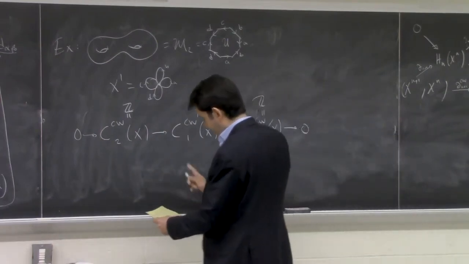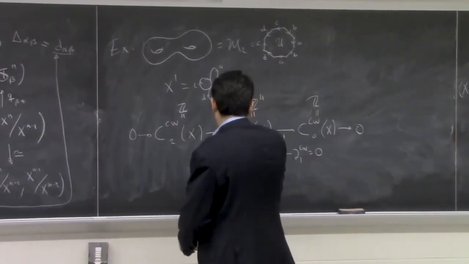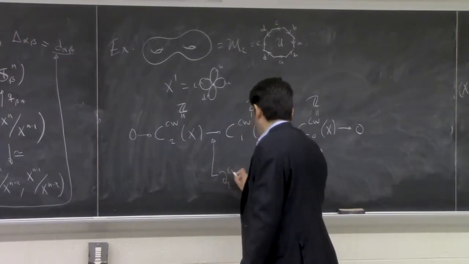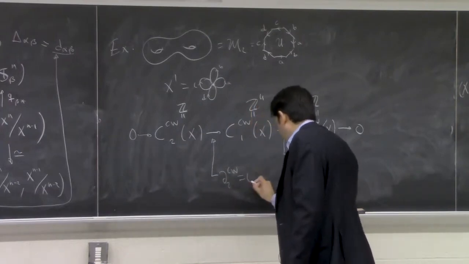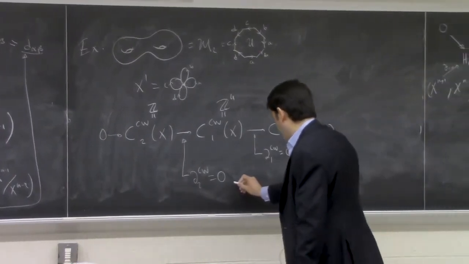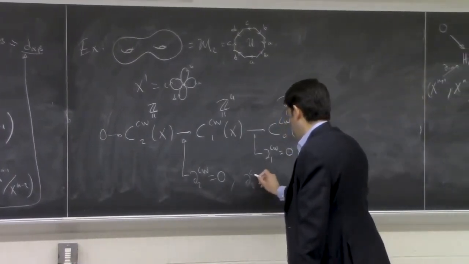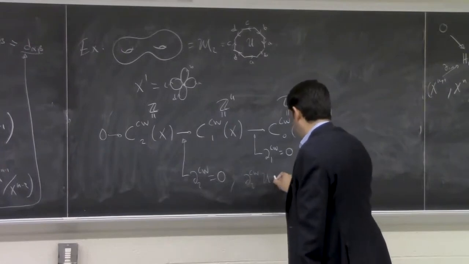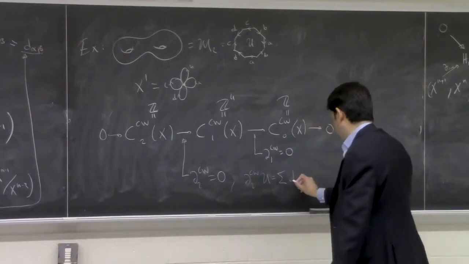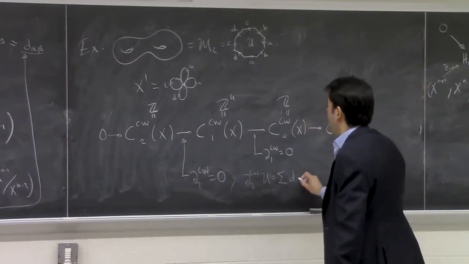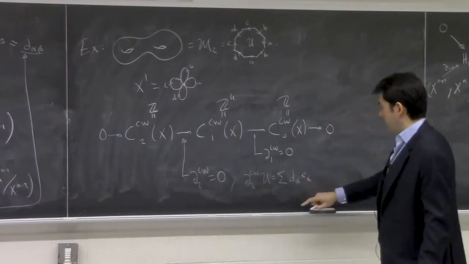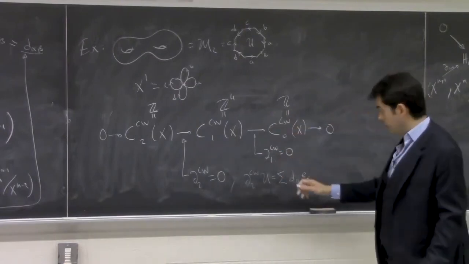OK. This guy, it turns out, is also 0. Okay? So why is that? So if we write this as the sum of d alpha e alpha, where alpha runs over the ABCD, right?